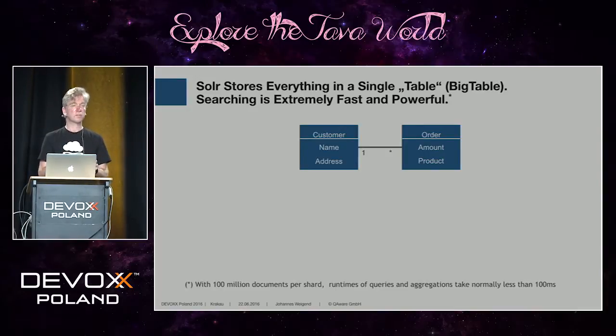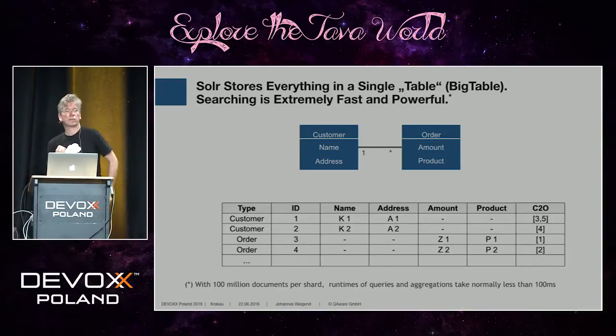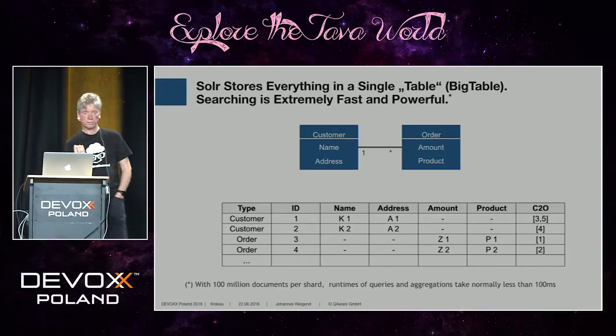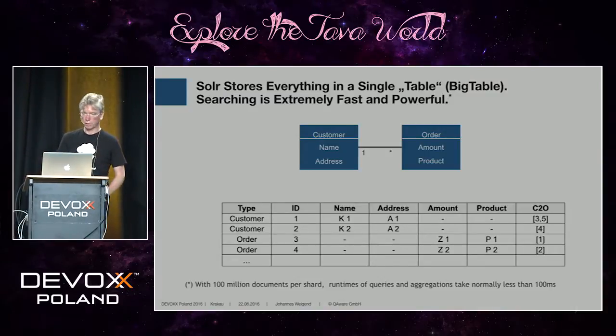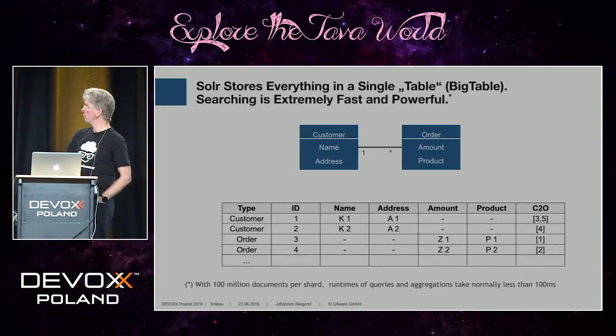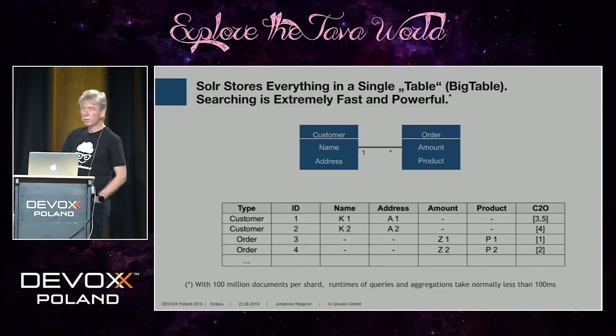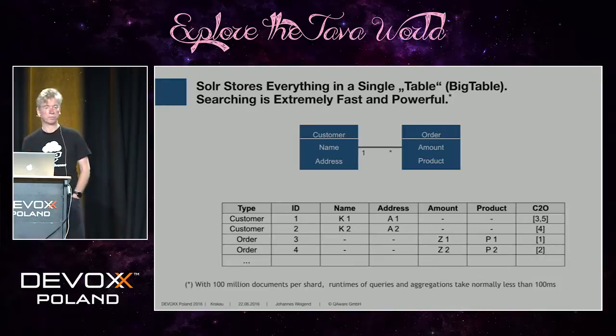You can store this very easily in a single table like this. You have to add a type descriptor field, which gives you the opportunity to build tables per design. When you filter per type, you get all records from the customer table.